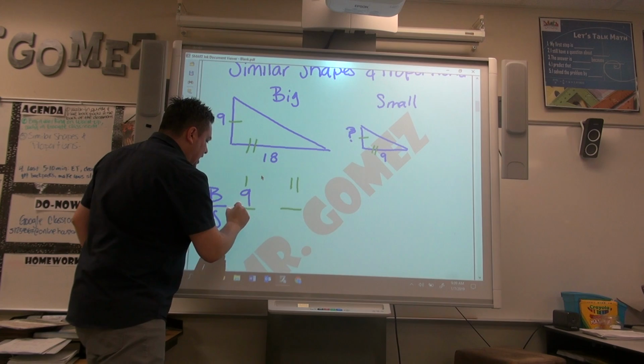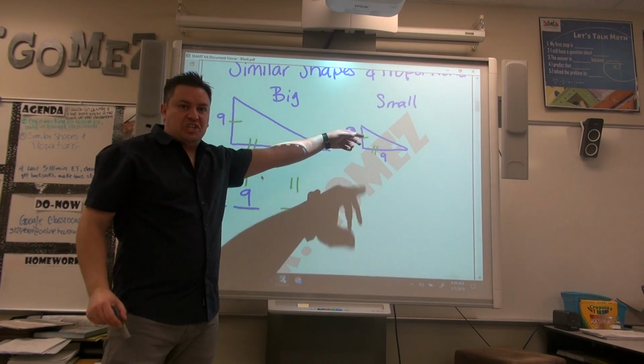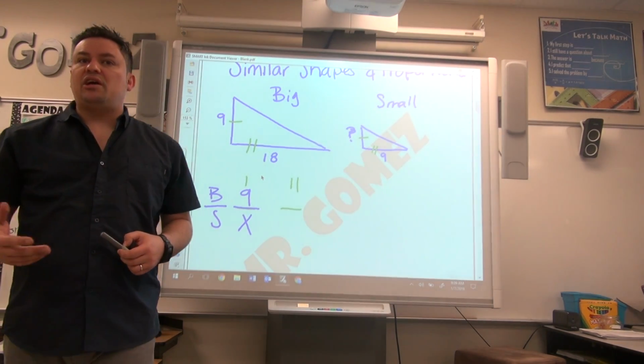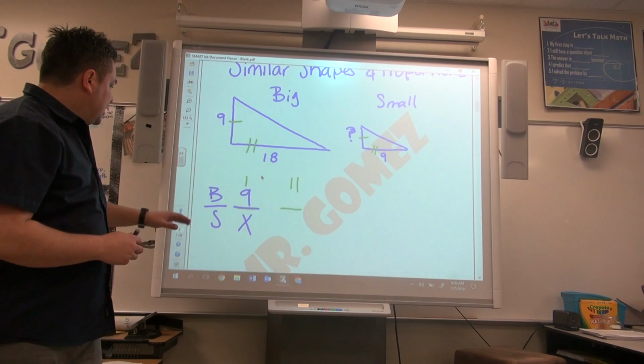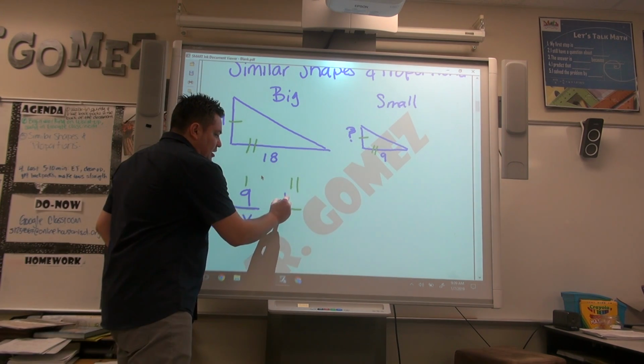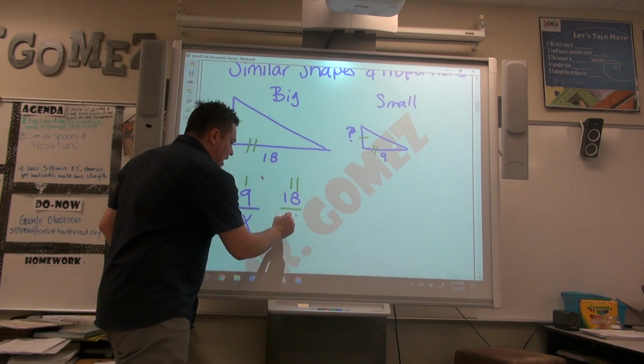I'm gonna put in my 9 divided by my small with 1 tick mark, which is what we're looking for, and that's gonna be my x. Then the big with 2 tick marks, which is 18, and my small with 2 tick marks is 9.